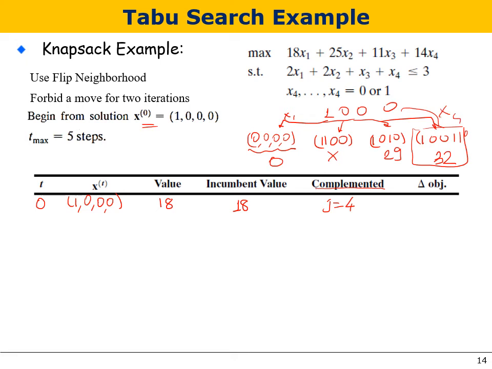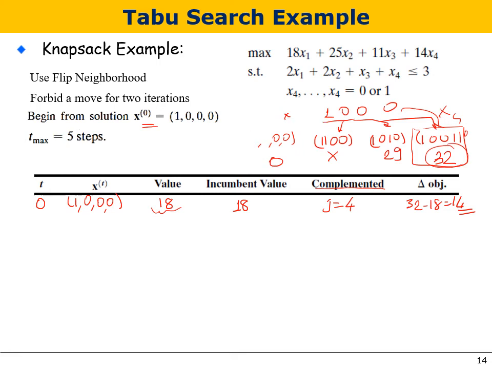And what is the change in the objective function? So the current objective function value is 18, and the new objective function value is 32. So the change in the objective function is 32 minus 18, which is 14. So the objective function is improved by 14.